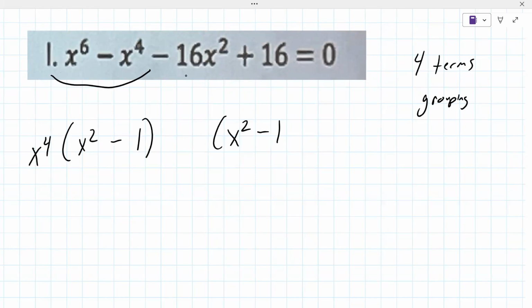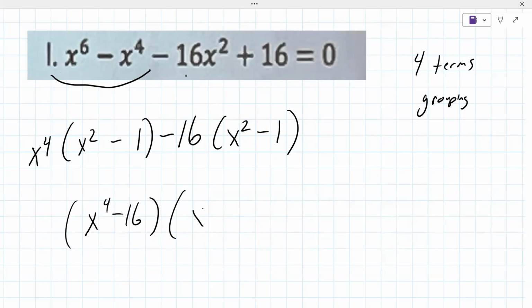And then what you hope for is that you can use the same thing for the next one. So we can just do x to the 4th times x squared minus 1, minus 16 times x squared minus 1. Good. And then you factor out again.